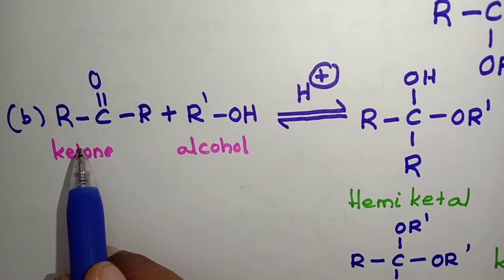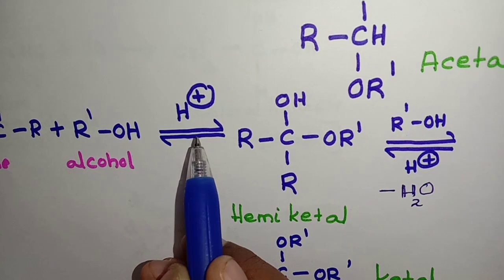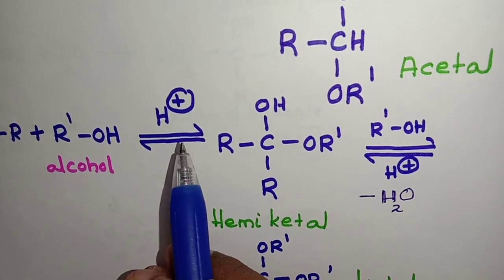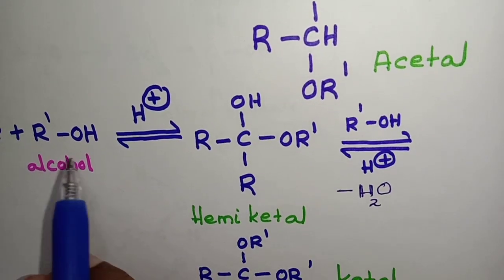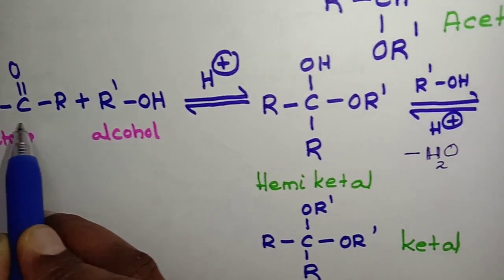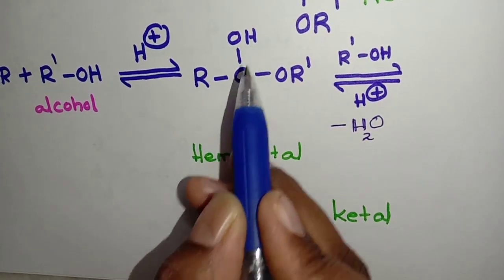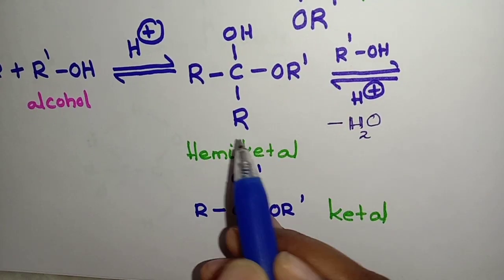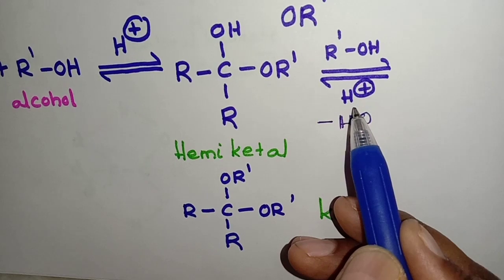Next, reaction with ketone. Ketone reacts with alcohol in the presence of an acid. Same thing happens as we have seen above. So pi bond breaks up and hydrogen comes to oxygen, OR dash goes to carbon, thus forming hemiketal, RCOHOR dash R, this reacting with another molecule of alcohol in the presence of acid.